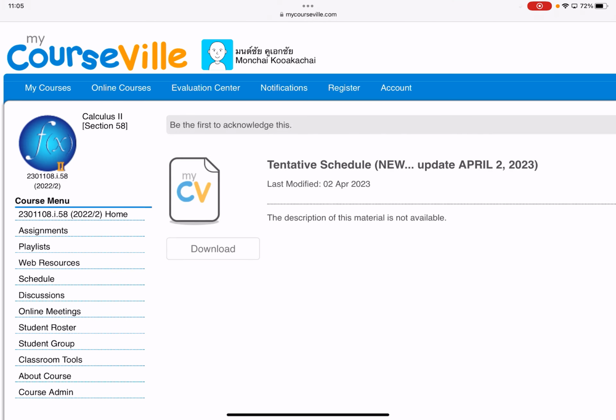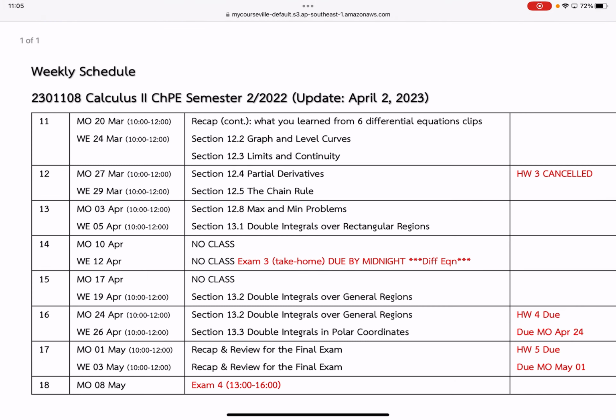I think we're going to start the integral on Wednesday, but we can start it now if you want to, or you can wait for Wednesday and take a break first. What we did here is limit and continuity, partial derivative, the chain rule, and max and min problems already. So we're going to keep the schedule and learn integrals on Wednesday.